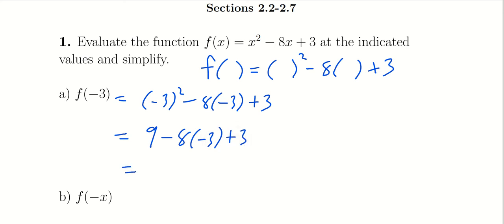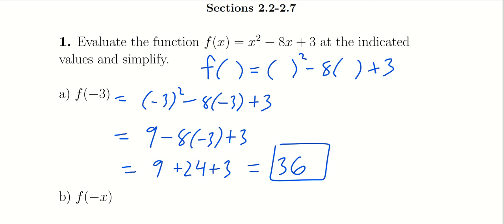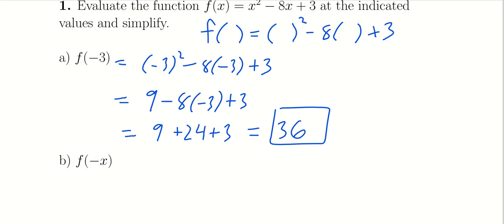Next thing we would do would be to multiply. Negative 8 and negative 3 will make a positive 24. And then we can go ahead and add. 9 plus 24 is 33, and 33 plus 3 should give us 36. So f of negative 3 is equal to 36.